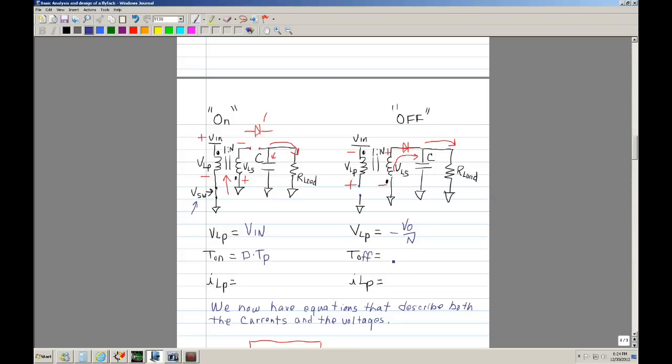Time off, and this time period is 1 minus D times Tp, the time period.